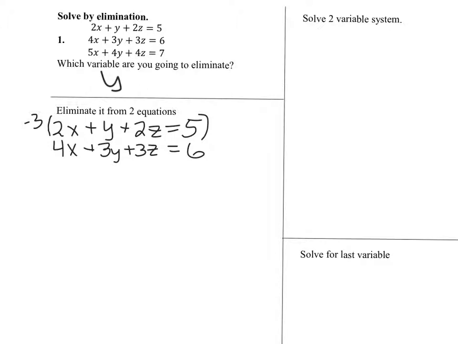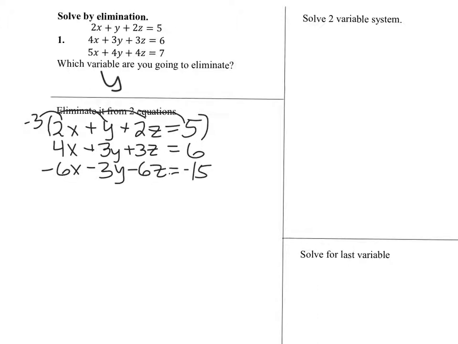So let's go ahead and distribute this negative 3 to each term. So I've got negative 3 times 2x, that's negative 6x. I have negative 3 times y, that's negative 3y. And then I have negative 3 times 2z, that's negative 6z. And then negative 3 times 5 is negative 15.